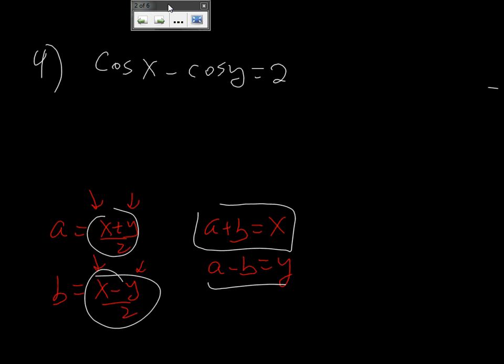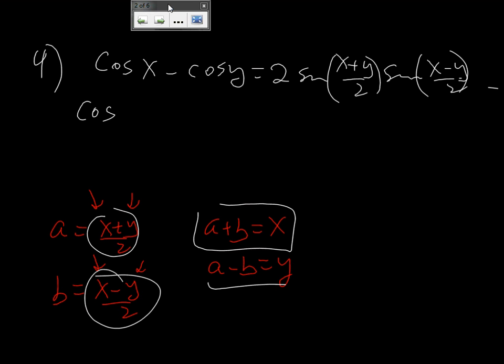And this time it's 2 times the sine of x plus y over 2 times the sine of x minus y over 2. And we're going to use a similar identity to the one we just used last time.